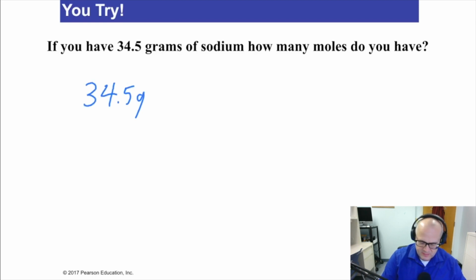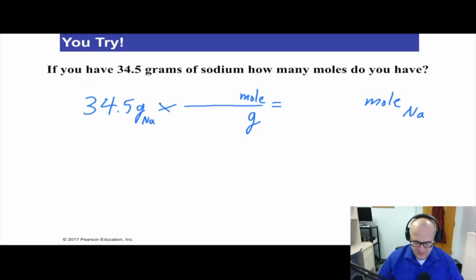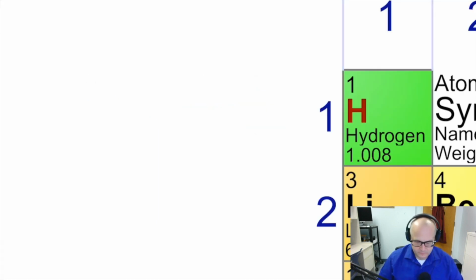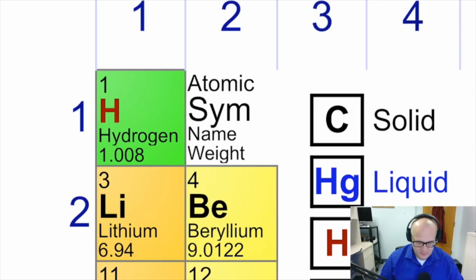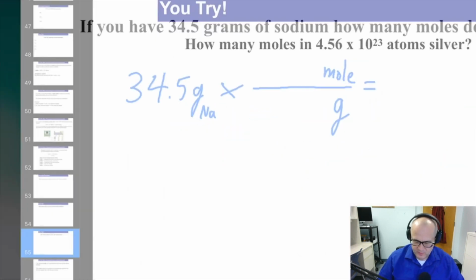34.5 grams. This time it's sodium multiplied by something to give mole of sodium. So put grams on the bottom, mole on the top. We got to go to the periodic table because I don't know the molar mass of sodium. There we go. 22.99. Oops, all my work gone again.